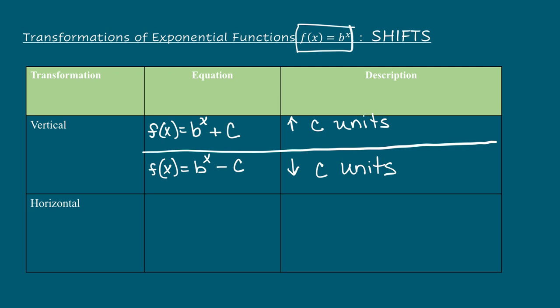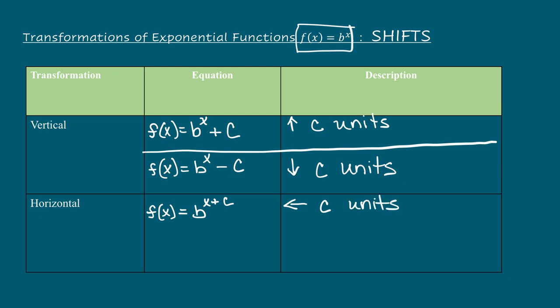To shift horizontally, I am going to take my function f of x equals b to the x, and I am going to add c units to the exponent, not to the base itself. And that is going to shift my function to the left c units.